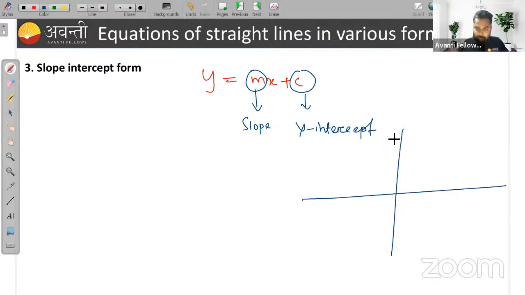Suppose this is a line, and this is my y-intercept c, and this point becomes (0, c), and the slope of that line is already given. Then you can easily find the equation of the line, which is y is equal to mx plus c. Clear, everyone? This is the slope intercept form of a line. Okay, let's move.